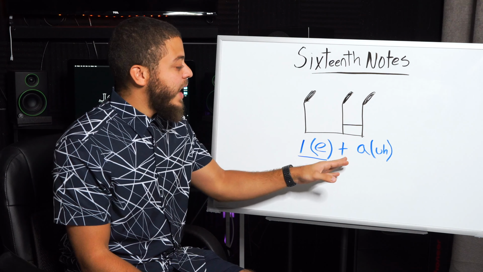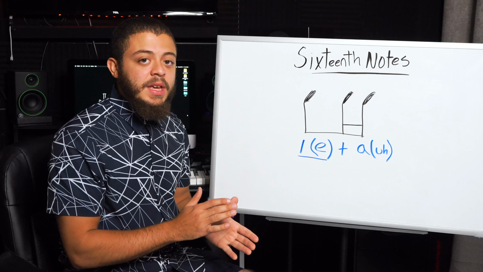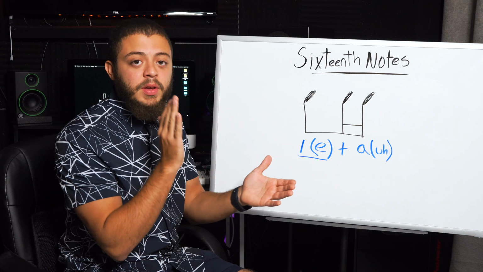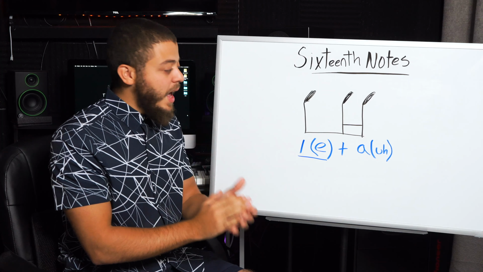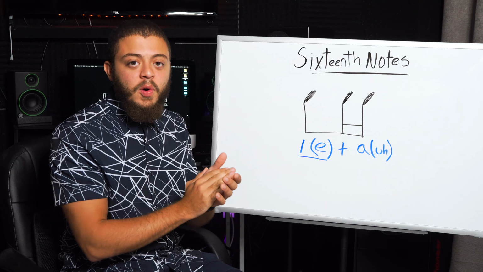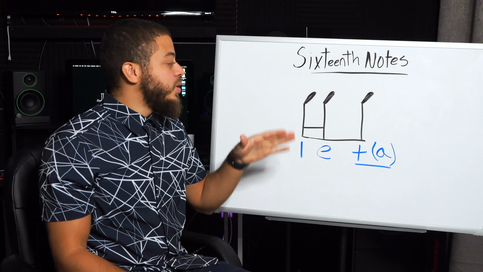And then we have the and. So the way we count it is 1 and 2 and 3 and 4 and 1 and 2 and 3 and 4 and.